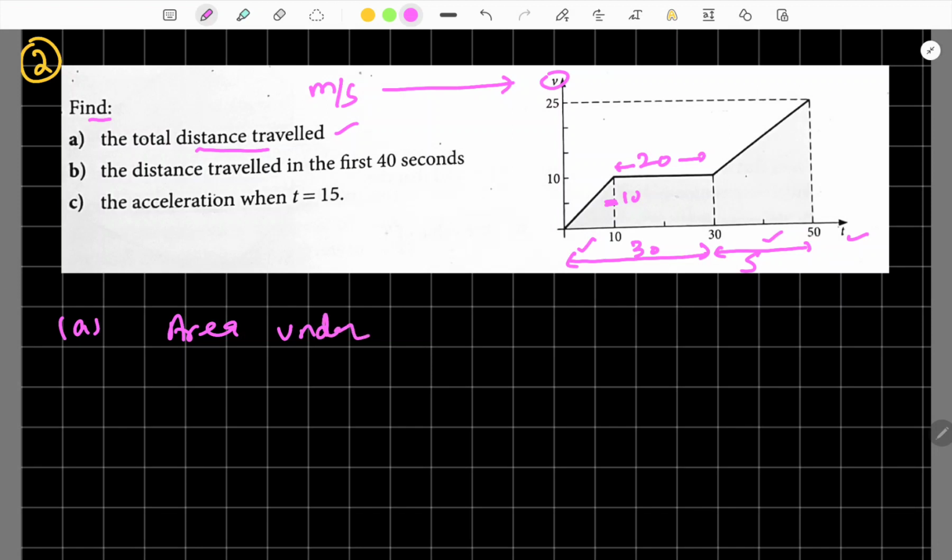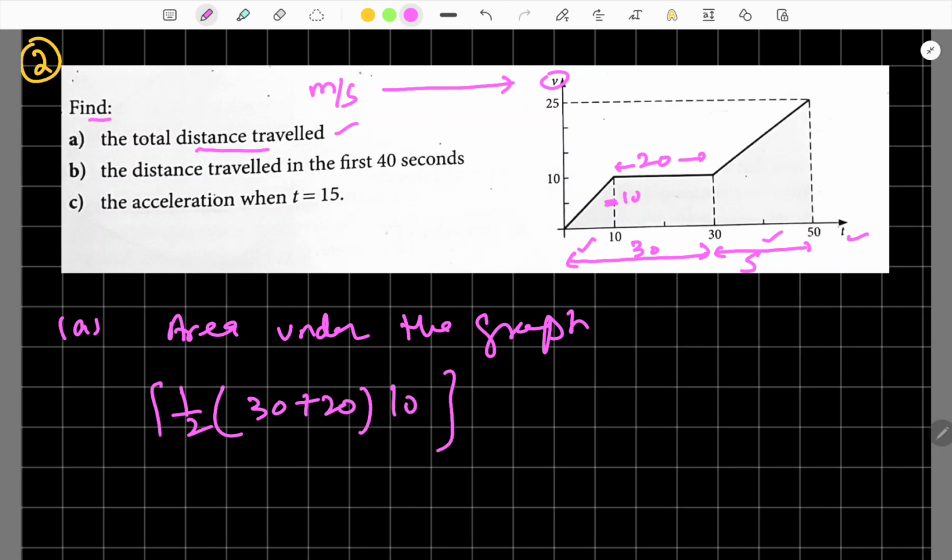Because area under a speed time graph, velocity time graph, it gives you the distance traveled. So half sum of parallel sides. So 30 plus 20 multiply by height, which is 10. So ये तो बेटा आ गया first 30 seconds का, plus okay बेटा next 20 seconds जरा देखते हैं.